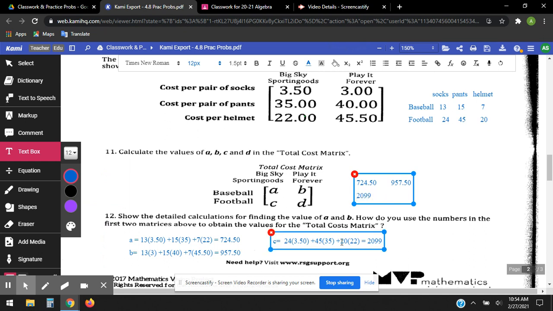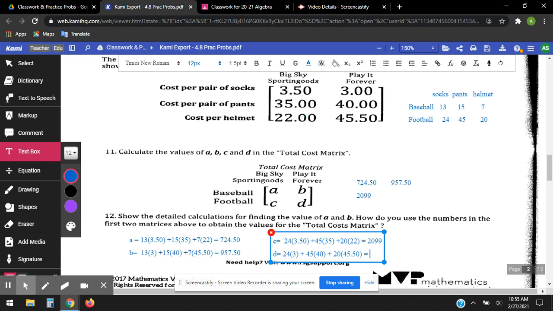All right, so now let's see what happens when we do the same thing for D. So D equals, now I'm going to take 24 times 3 plus 45 times 40 plus 20 times 45.50. Those are significantly different costs for those helmets.